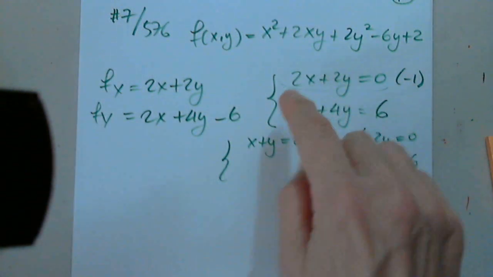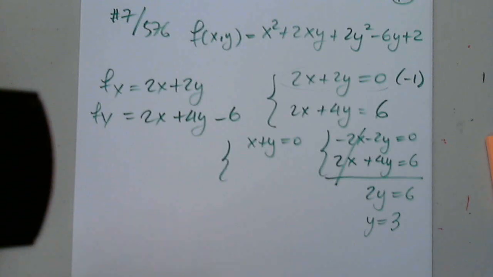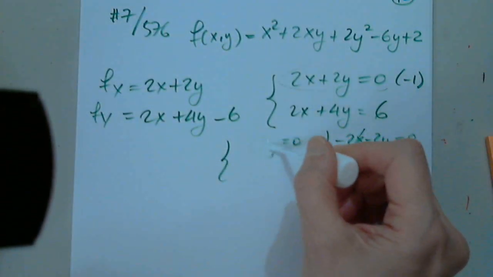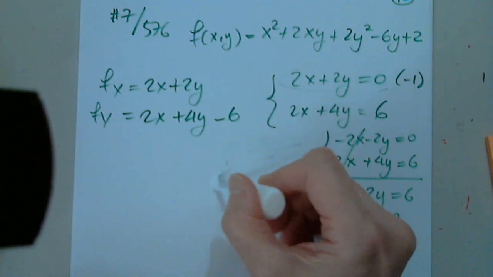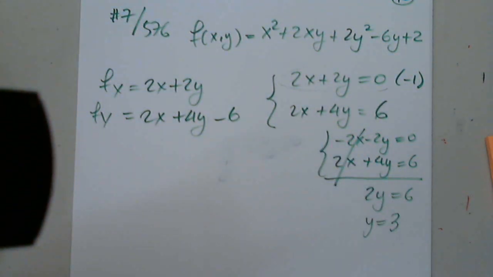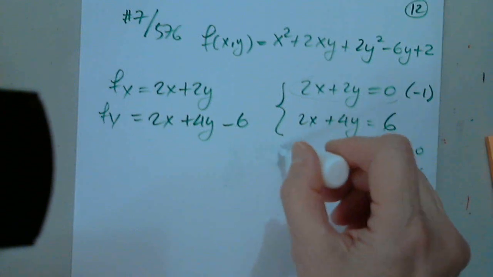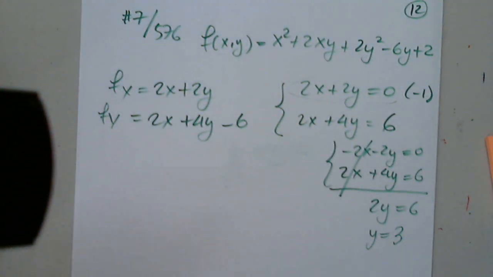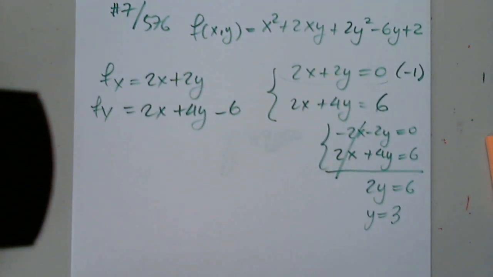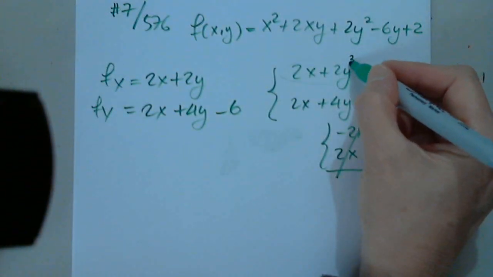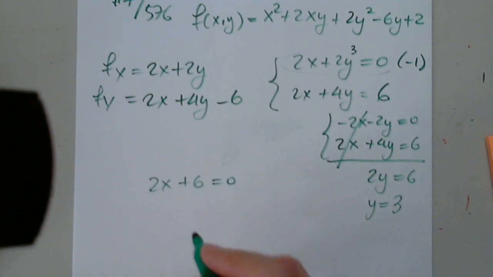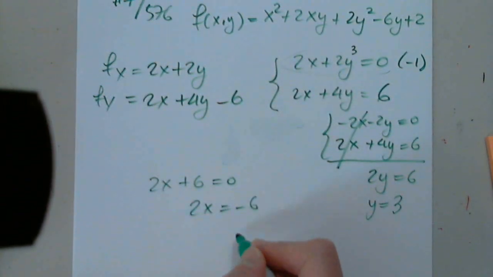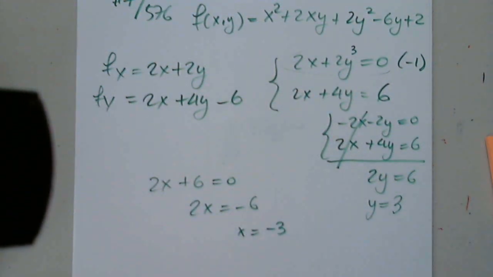Let's plug in 3 and determine x. And that's our point. I always try to simplify, but in this case there was no need. So if y is 3, 2x + 6 = 0, or 2x = -6, or x = -3.